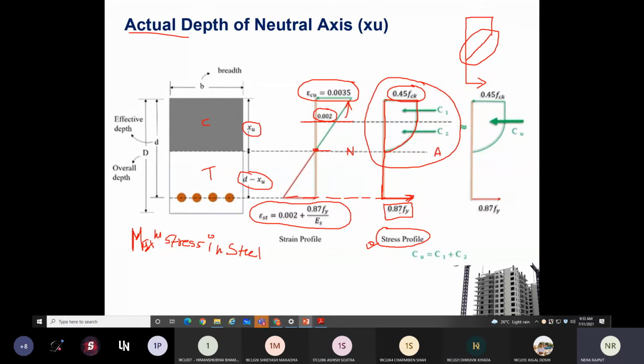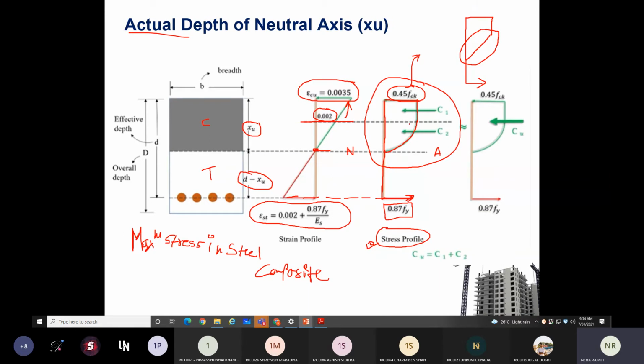Now coming to over here, the maximum stress allowed in concrete is 0.45 FCK. ठीक है, अभी देखो ये है जो स्ट्रेस डायग्राम. This stress diagram is composite. Why composite? Because it is made up of a rectangle portion and a parabola portion.